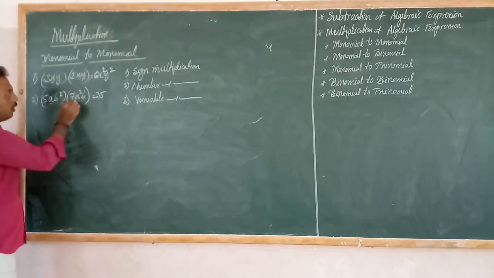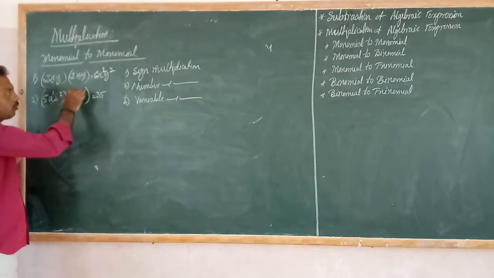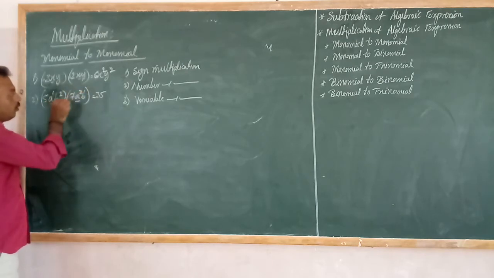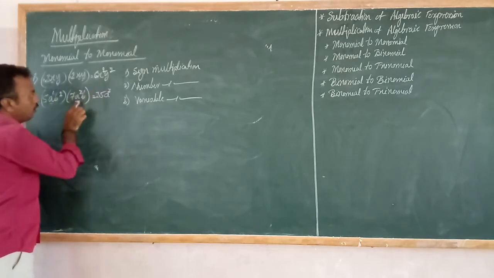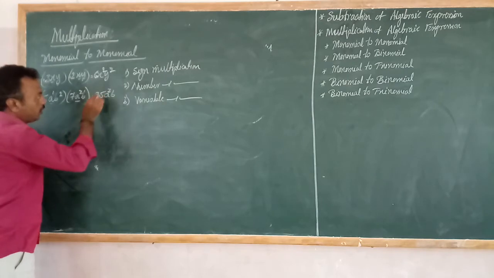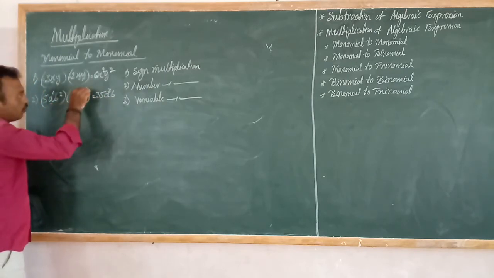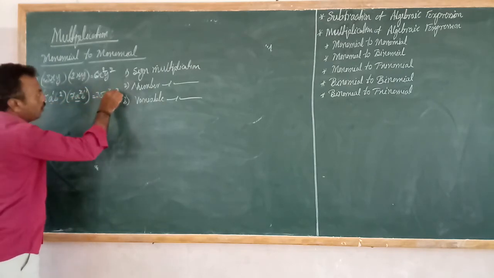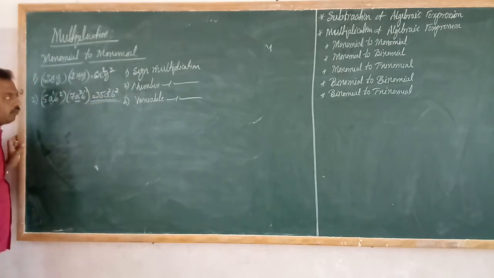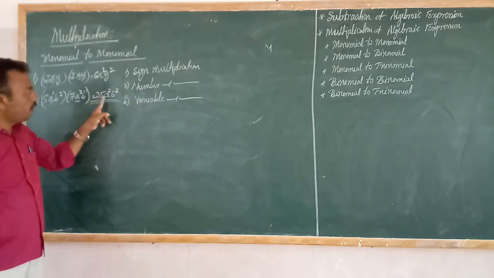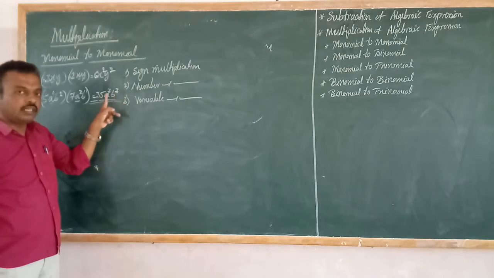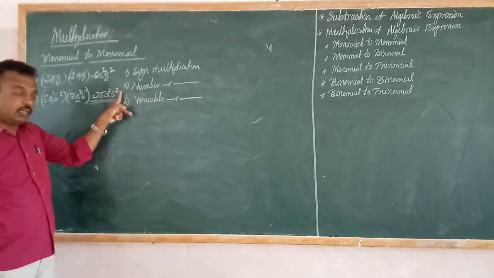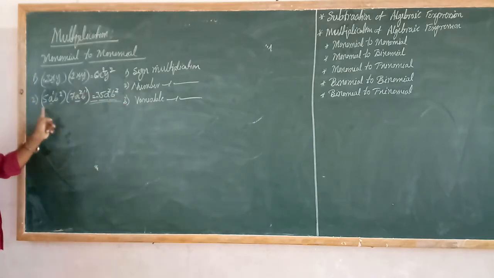Here an a term is there, here also an a term is there, but here a to the power of 1 and here a square. So a into a square: 2 plus 1, we write a cube. After that, the b term: here 2 is there, here 1 is there, 2 plus 1 becomes 3. Therefore, 35 a cube b cube. So this is the product of these two terms.